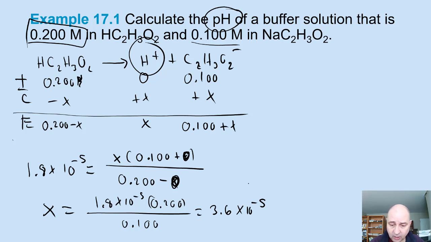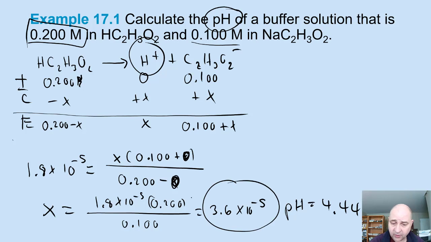And so the negative log of that is equal to 4.44. So the negative log of the hydronium ion concentration, which happens to be x in this case, is 3.6 times 10 to the minus 5.